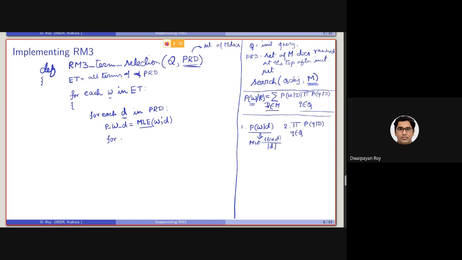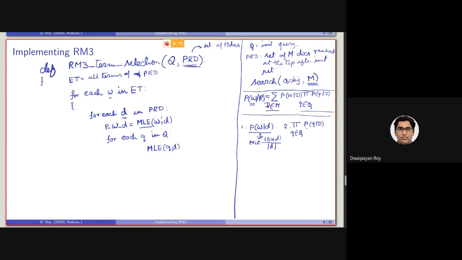For each small q in capital Q, again we need to compute the MLE of the query term in the document.